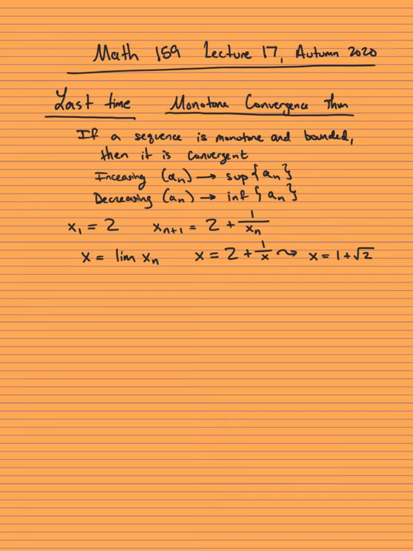Okay? So for one thing, we had to do some work to do this. We also got this other answer, which was, I believe, x equals 1 minus square root of 2, a solution to this equation, but not the correct limit.